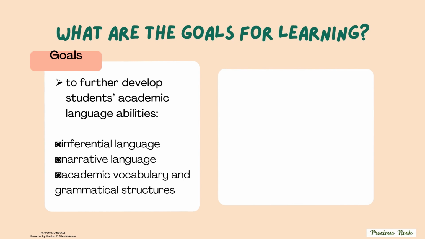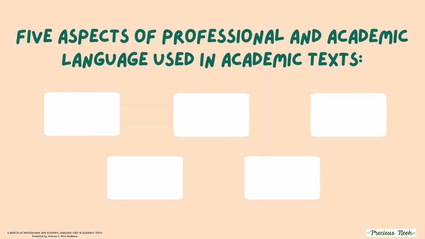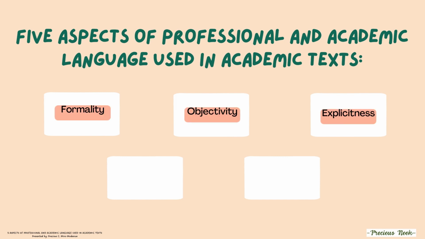So aside from developing academic language abilities, if we need to use professional and academic language in academic texts, we need to consider these 5 aspects: formality, objectivity, explicitness, structure, and caution.